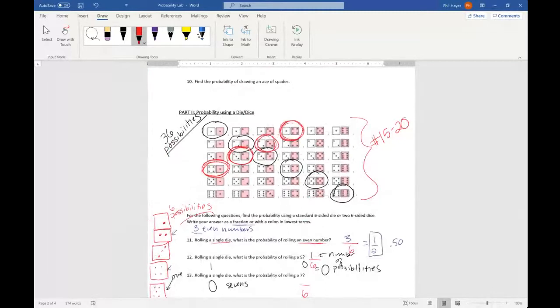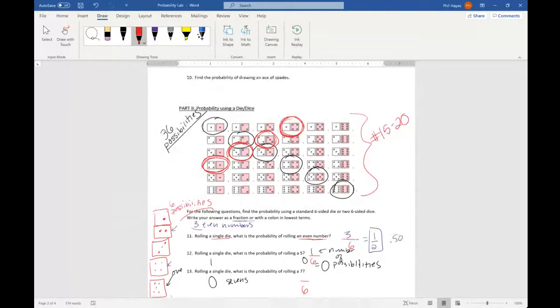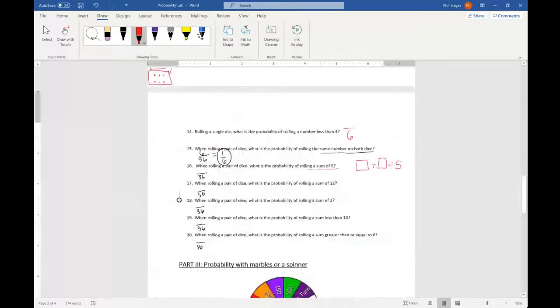There are no other ways I can get 5 when I'm rolling 2 dice. I can't get a 5 and a 0. Okay, so I have 4 things that I circled there. So since there are 4 ways, 4 is my numerator. And then if I can reduce this, I want to, I can divide the top and the bottom by 4. So that'll be 1 over 9 for my answer there.